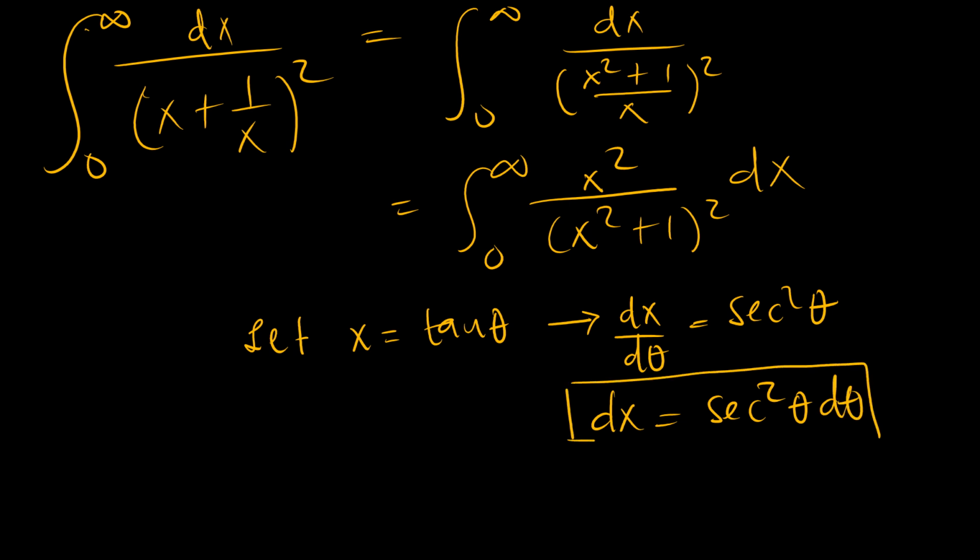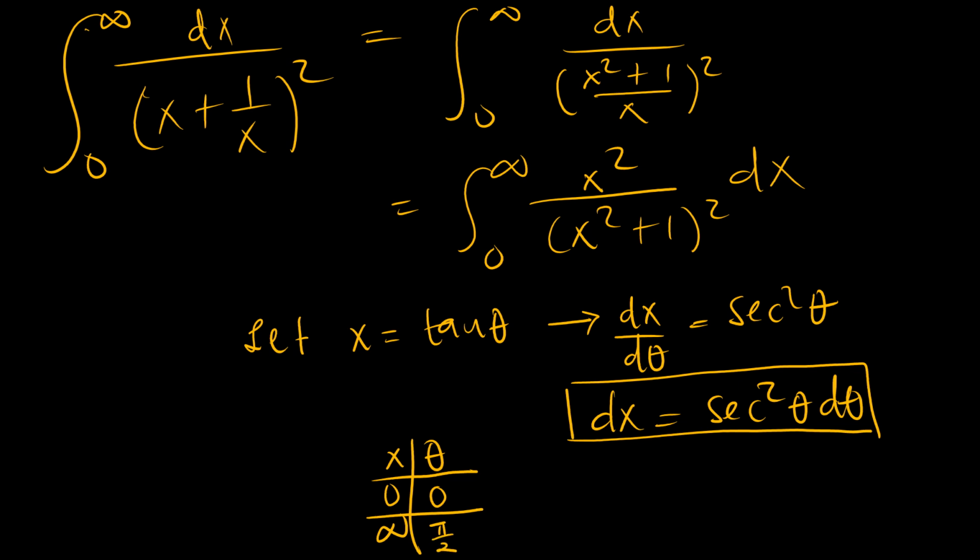So that is one thing. And then let's look at the limits. Moving from x to theta, when x is 0, the arctangent of 0 is going to be 0. When x tends to infinity, the arctangent tends to pi over 2.